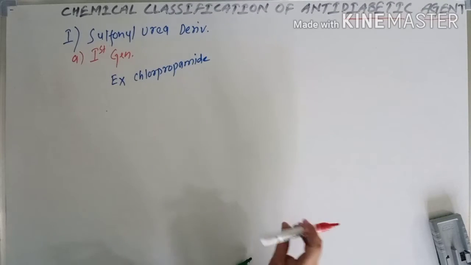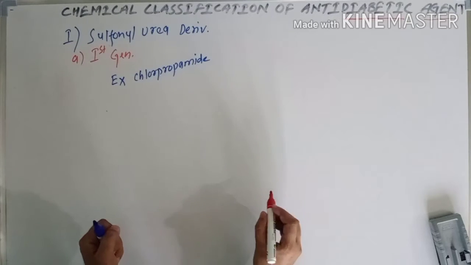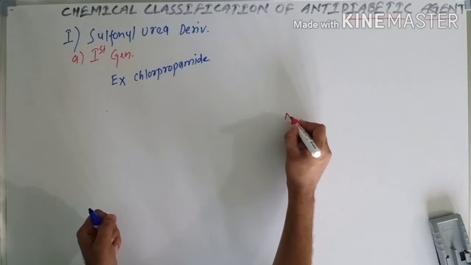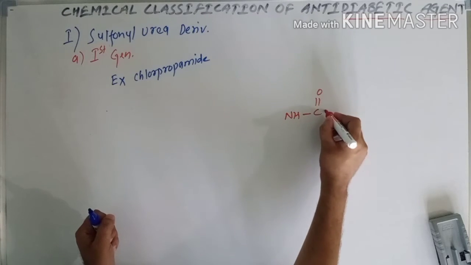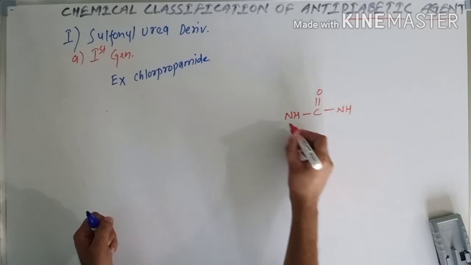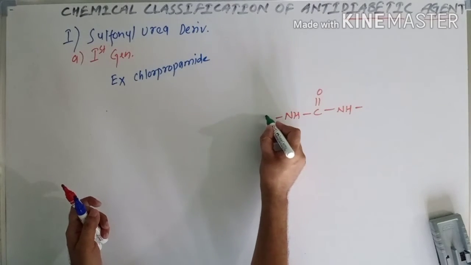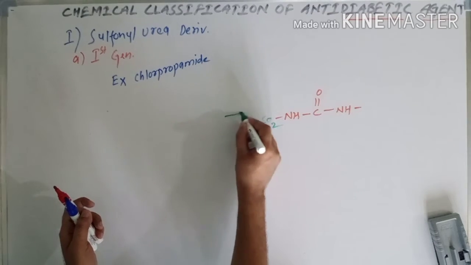How will we memorize the structure of chloropropamide? Chloropropamide comes under the class sulfonylurea. So first we will draw the structure of sulfonylurea. This is NH, C double bond O, NH. This is the structure of urea. Here comes your sulfonyl group.